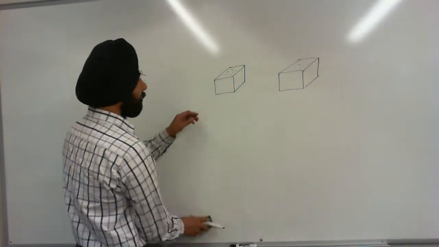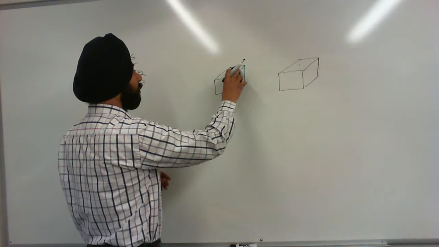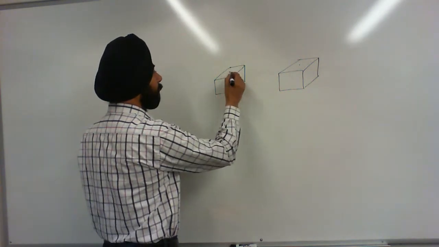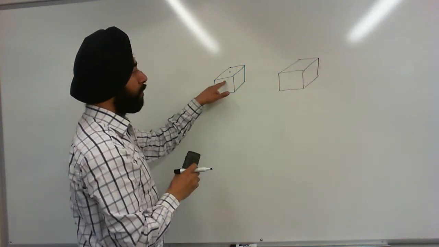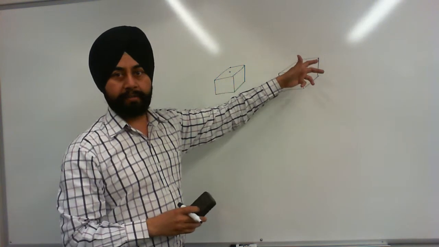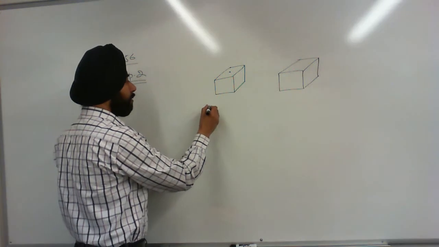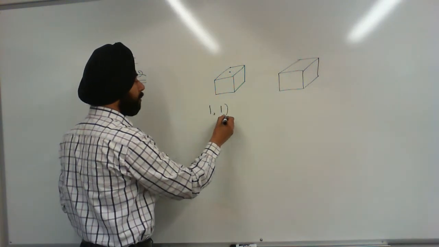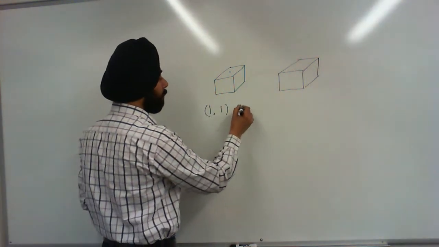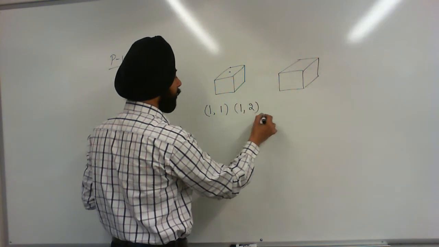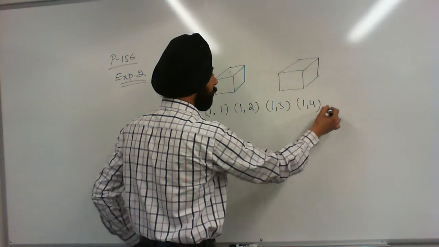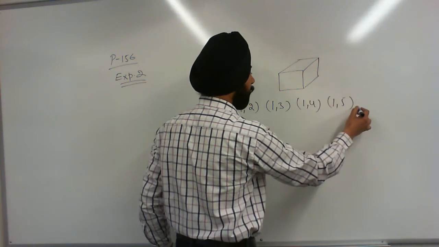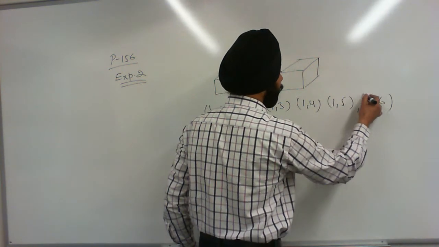Let's say that this die has got face number 1 at the top, and you will have different combinations. You don't change this one, but you keep changing that die, right? So you will have this combination to begin with. You can have 1, 1, then 1, 2, then 1, 3, 1, 4, 1, 5, 1, 6.